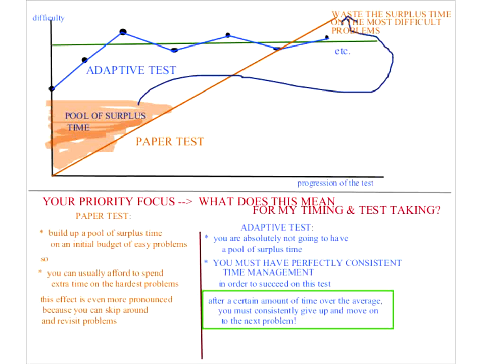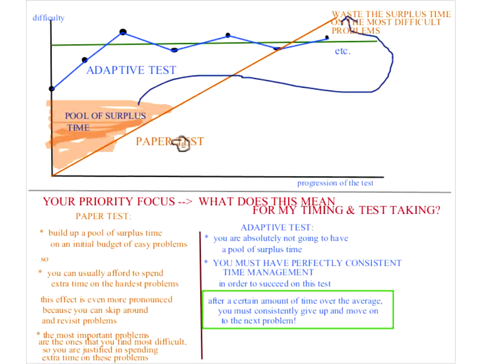So on a paper test, the most important problems are the ones that you find most difficult. So you are justified in spending extra time on these problems. Again, not the case here.